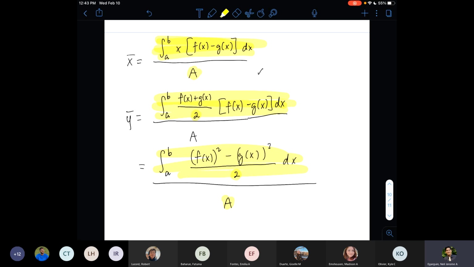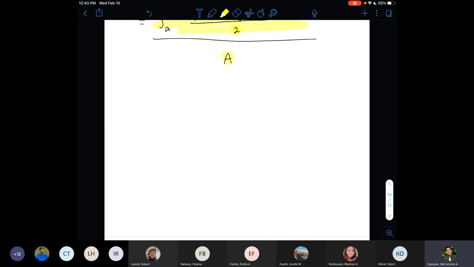By the way, the numerators for x bar and y bar are called the moments with respect to y and with respect to x respectively. But I won't get too technical about it. You can just look at them as a weighted sum of the x values. Okay. Let's see some examples to see these formulas in action.